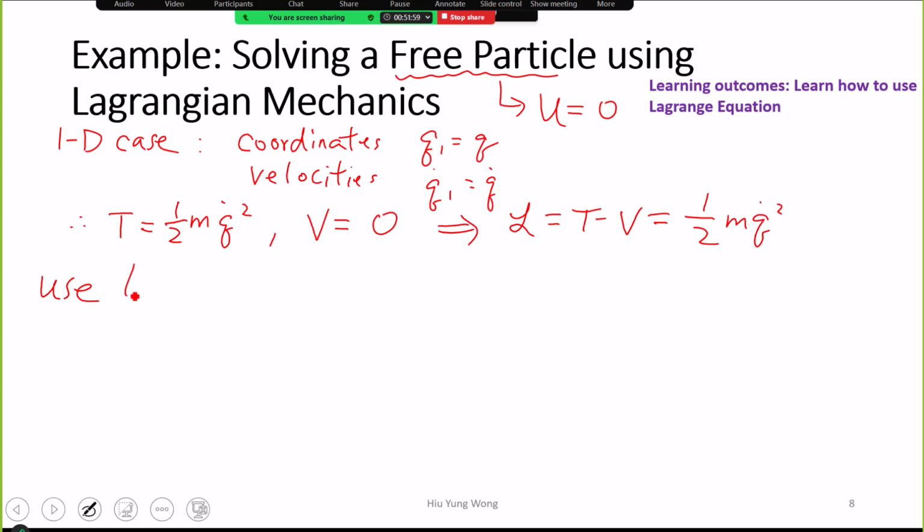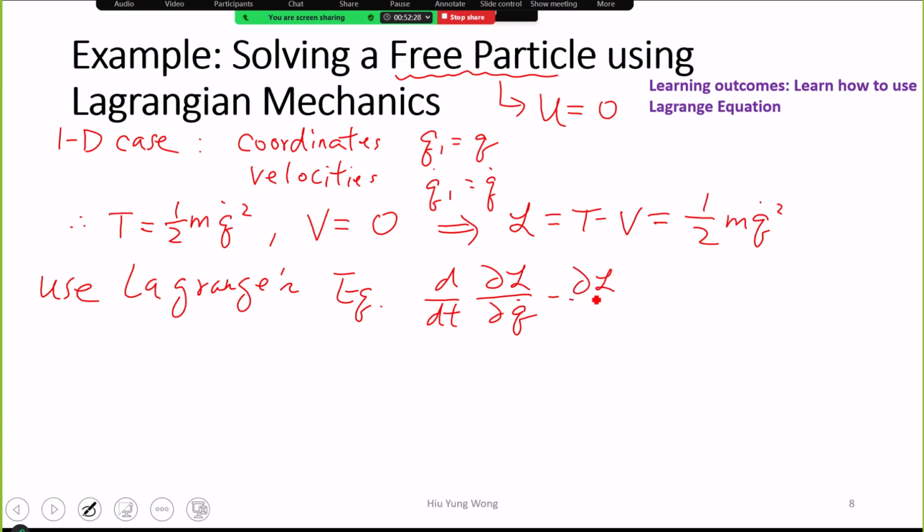I then use the Lagrange equation, and I can copy it. It's d/dt of partial L over partial q dot, minus partial L over partial q, equal to 0. This is given.